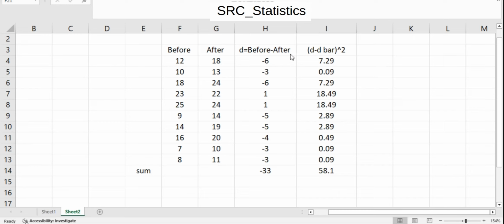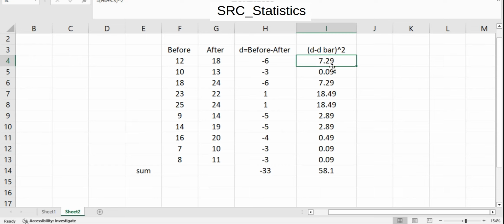What is d? Before minus after. Then I find out the sum. After I find d, that is before minus after, 12 minus 18, negative 6, 10 minus 13, negative 3, like this, I find out the total d, that is summation d. And then I also find another column, that is d minus d bar whole squared.